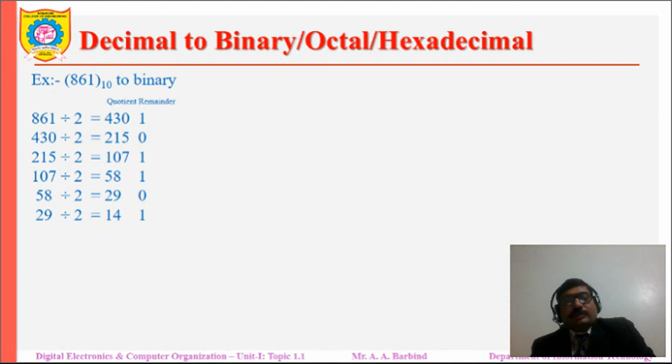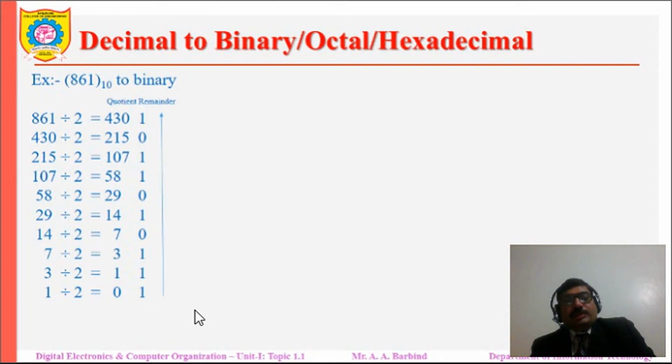So like this, 13 by 2, quotient 6, remainder 1. 6 divided by 2, quotient 3, remainder 0. 3 divided by 2, quotient 1, remainder 1. We can again divide this particular 1 by 2. In this case, now the quotient will be 0 and remainder will be 1.